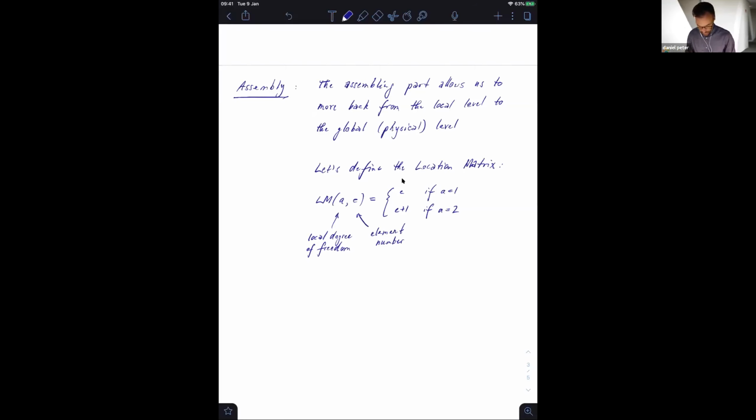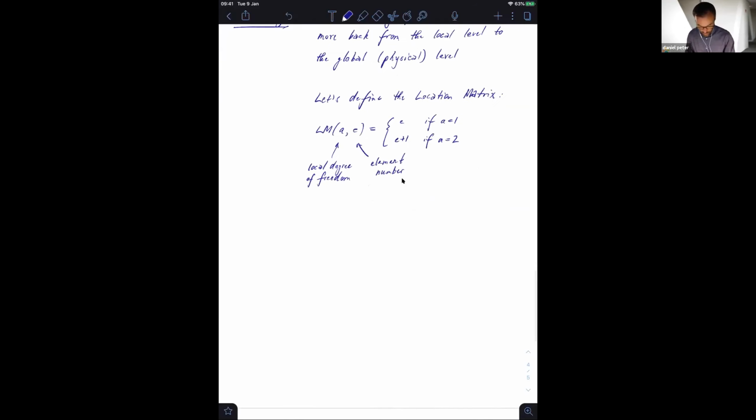So let's try and write this down, to provide the global matrix index.